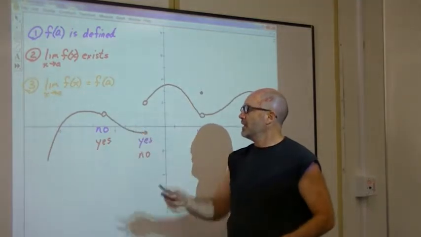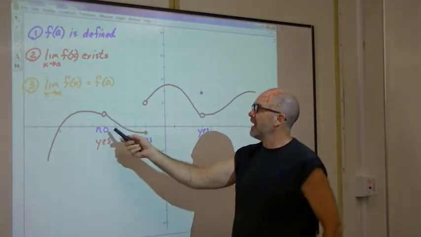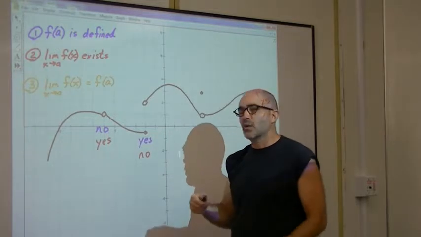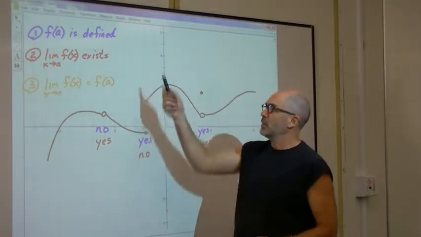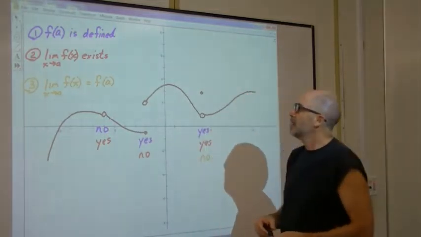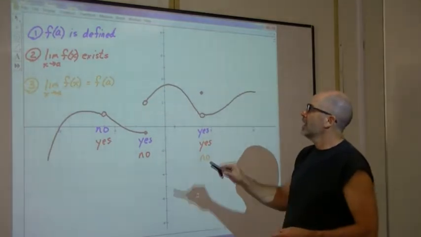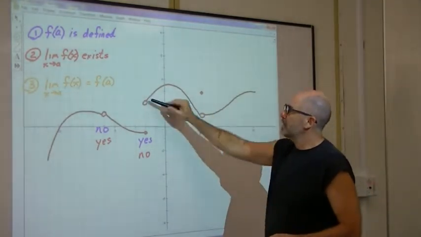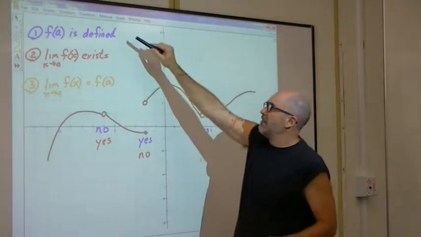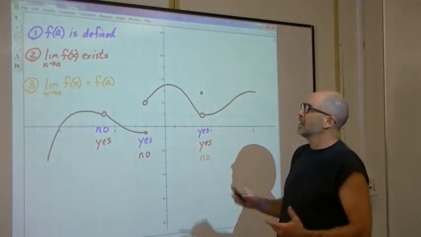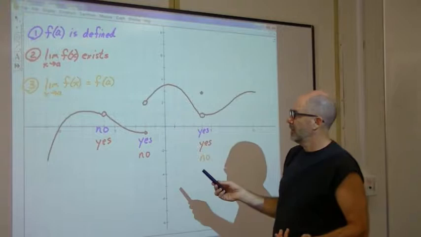So with point discontinuity, what's violated is f of a is not defined. Also with infinite discontinuity, f of a would not be defined. Then with jump discontinuity, f of a is defined, but the limit does not exist.